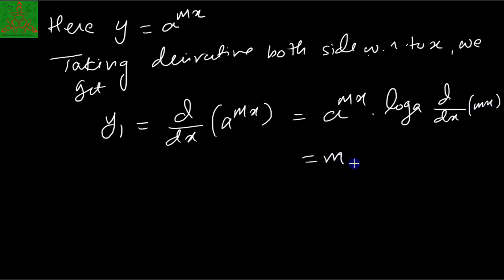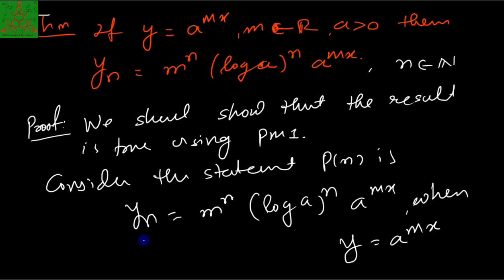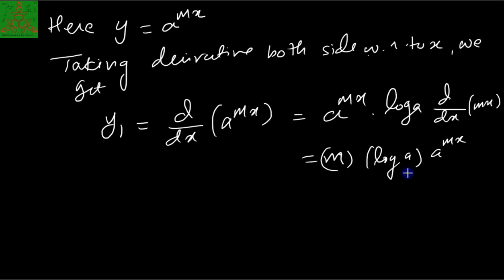So it is finally m into log a into a power mx. And if you compare this with our Pn statement, we can see that wherever we have n, we have 1 here. So that's why I can say that the statement P1 is true.